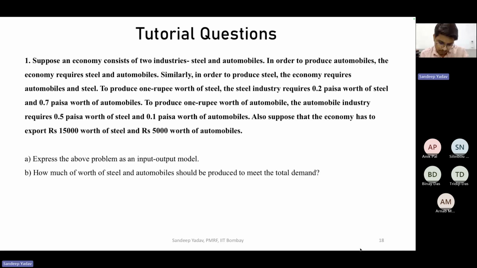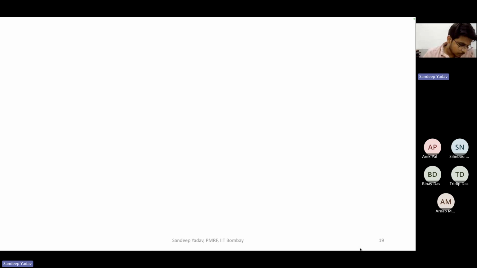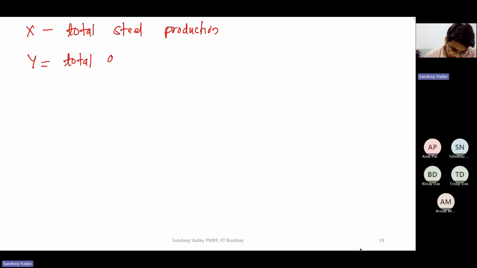So first thing, we have to make an input-output table. Let X be the total steel production and Y be the total automobile production.